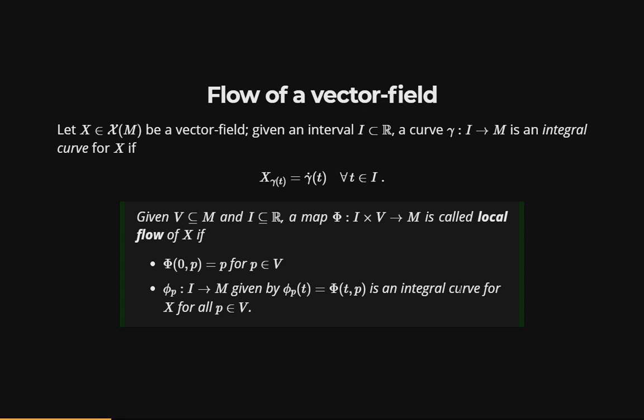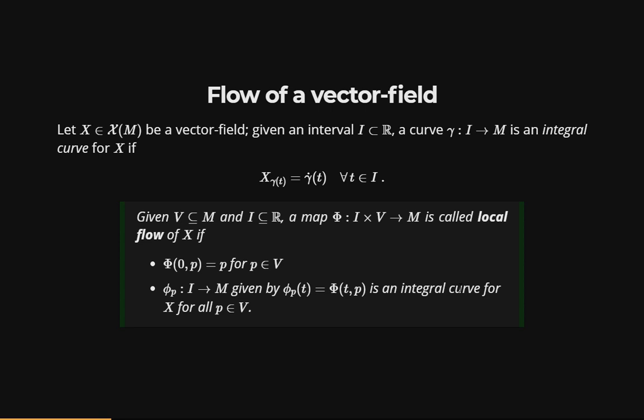Now what happens? What does it mean that you follow them? That at each time you look at where the point P went. So you take a point P, you let some time pass, and you look at where it landed.